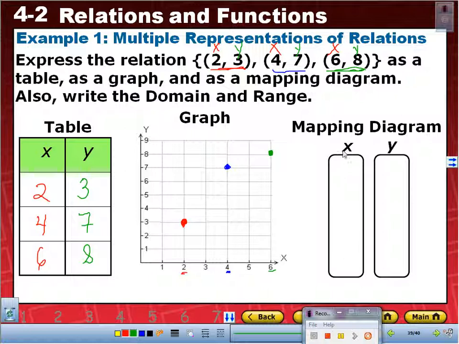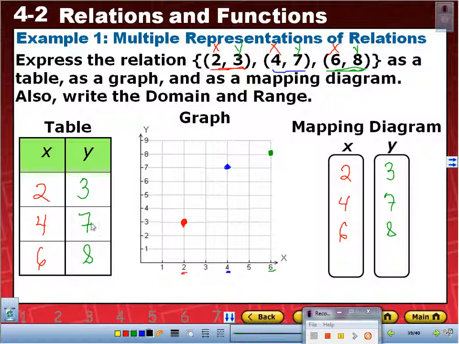You draw a rectangle for the x, a rectangle for the y, label it mapping diagram. And then you go, okay, my x values are 2, 4, and 6. Those go here. 2, 4, 6. And then you look at your y values, 3, 7, and 8. Some of you are thinking, well, that's silly.